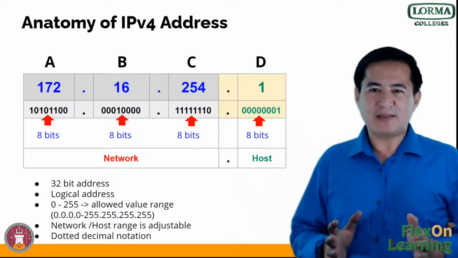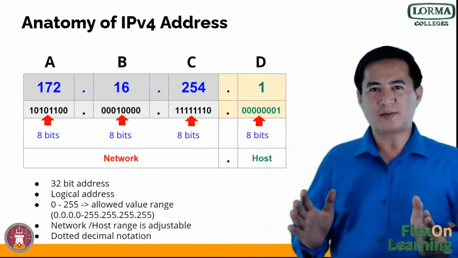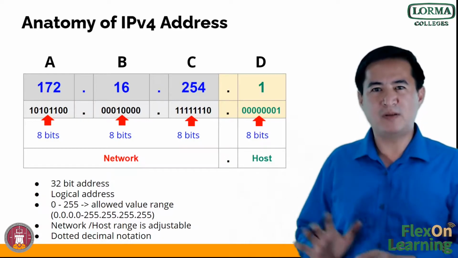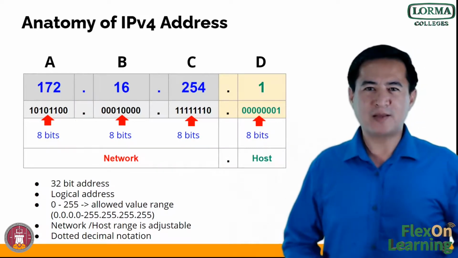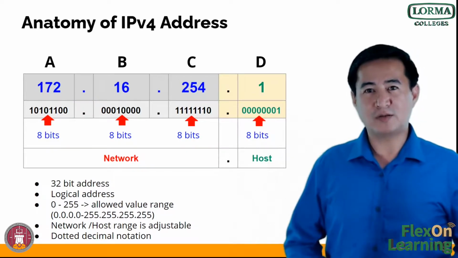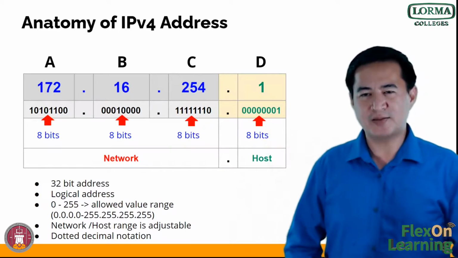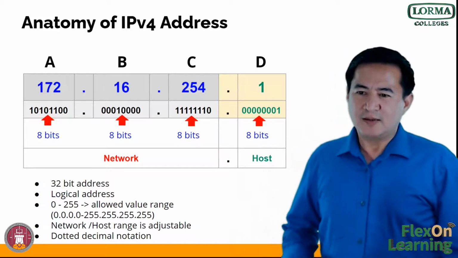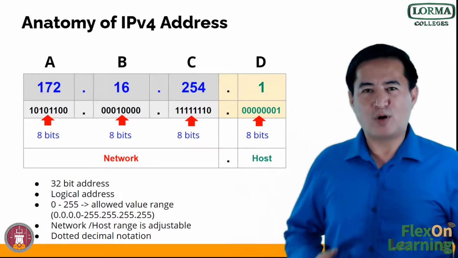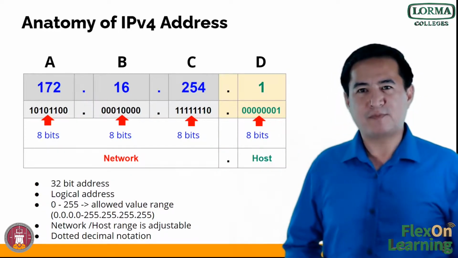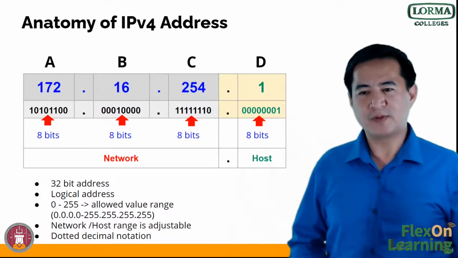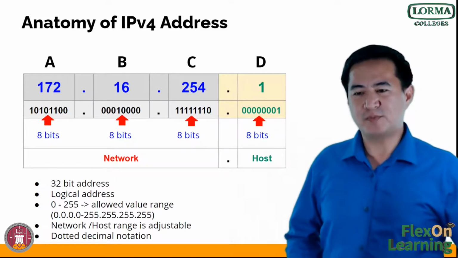The IP address is divided into 2 parts. Some of the bits belong to the network address and some of the bits belong to the host. So that portion is actually adjustable. The IP address, more specifically IP version 4, is comprised of a 32-bit address.